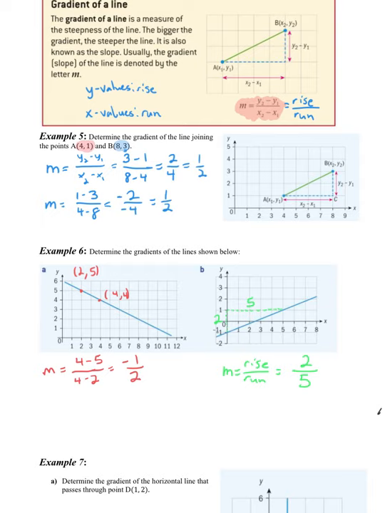A couple other slopes I want to mention: it's possible to have a 0 slope, or we might say 0 gradient. And that would be a horizontal line, where the rise is 0.